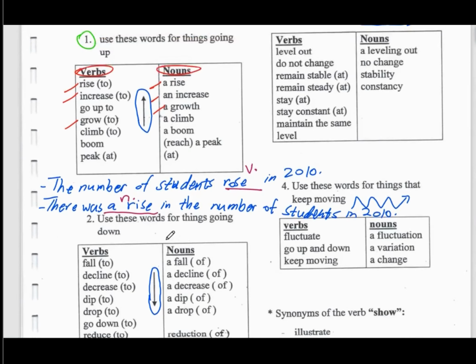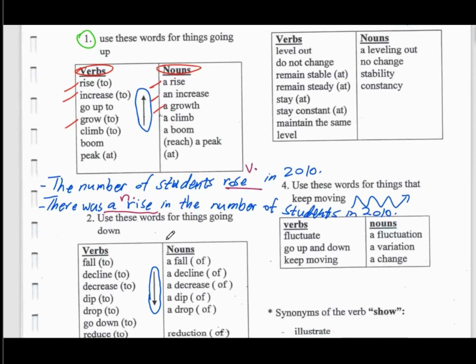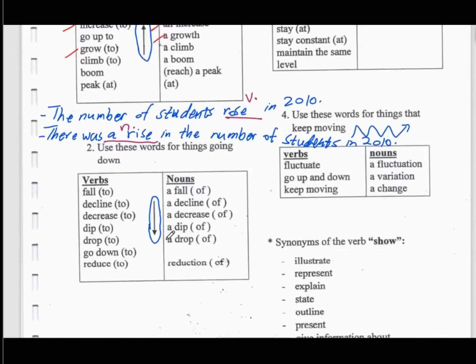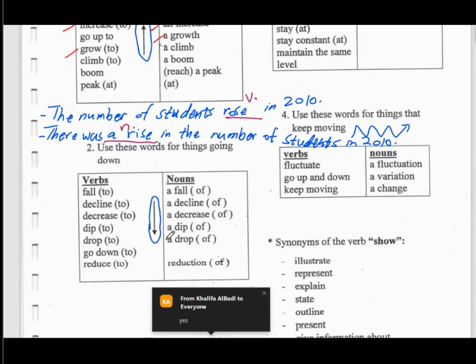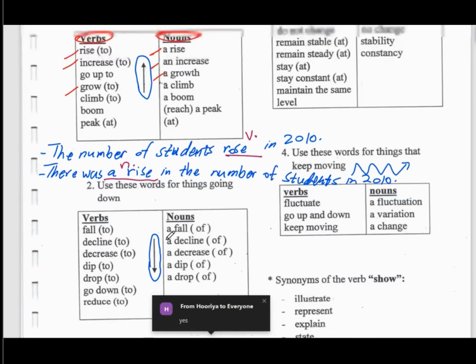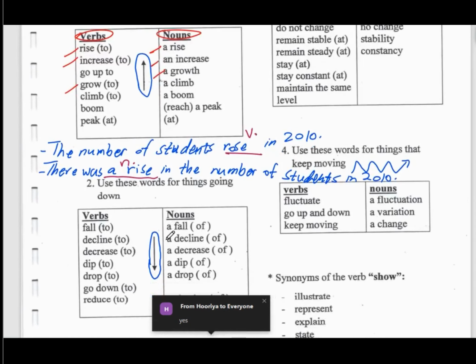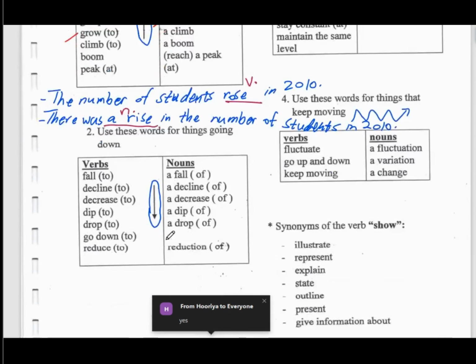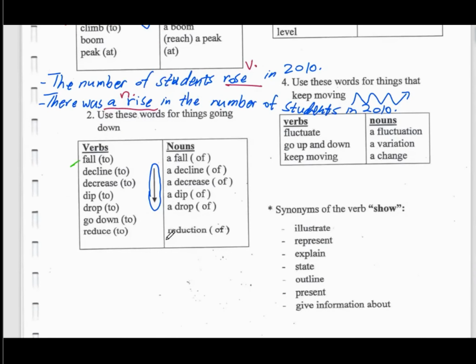Okay, so this shows you how to use the noun sometimes and the verb at other times. You got the point? You need to vary in using different forms. So it's the same with the other words in the tables. In this table, for example, you will need fall, decline, decrease. That's enough. There is a fall, a decline, a decrease. That's enough.